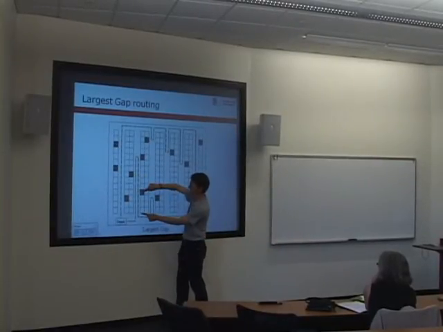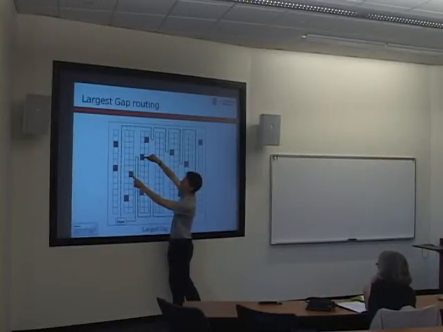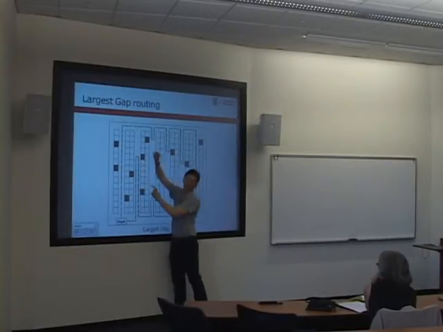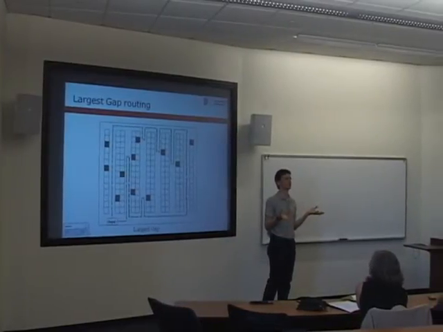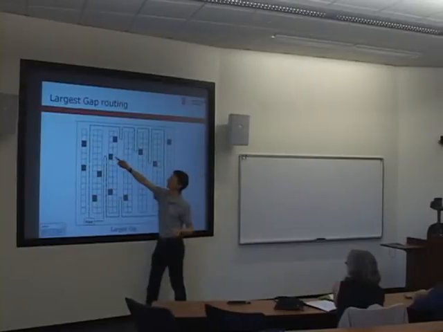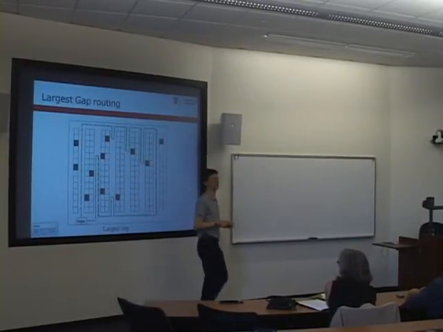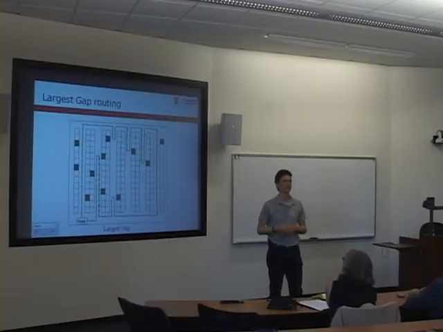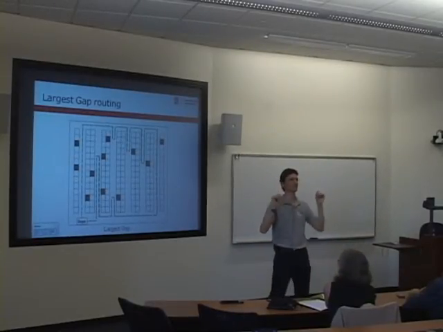So this is a gap to the first pick, from first to the second, from the second to the third, and from the third to the back. Those are the 4 gaps that are in this aisle. And you do not traverse the biggest one, which is from the last pick to the back. That's the part that you do not visit. And that's slightly better than just splitting up the warehouse exactly through the middle.